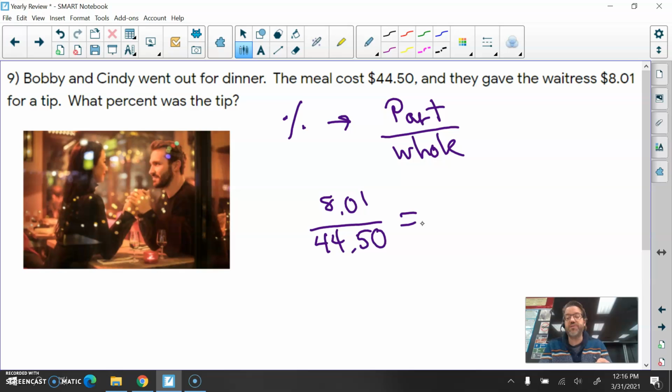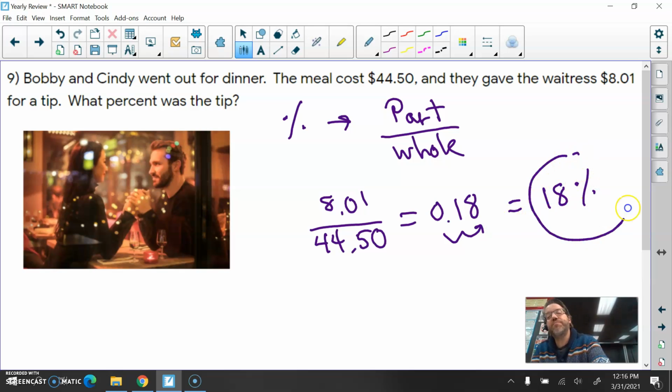And it equals 0.18. Okay, so what is that as a percent? To change decimals to percents, move the decimal point to the right 2 spaces. They left an 18% tip. There you go. That's the answer for number 9.